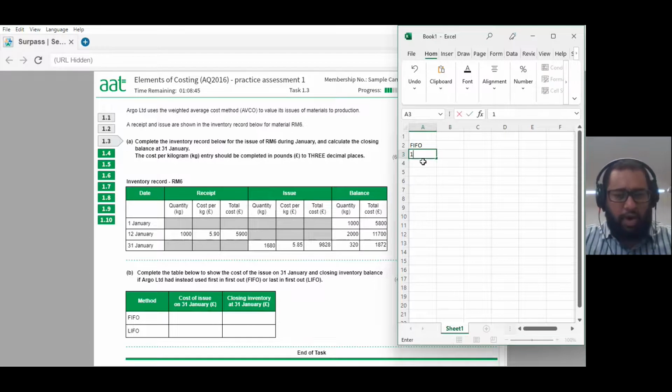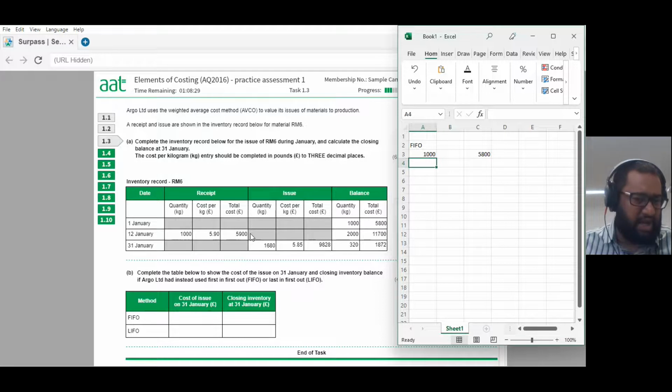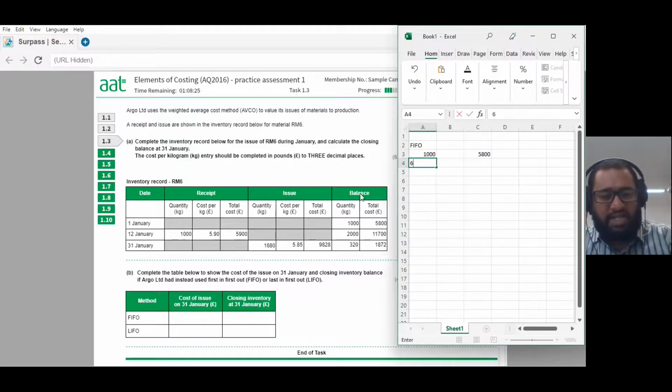So 1,000 kilograms being used, and the total value of that 1,000 kilograms is going to be 5,800. But now, do you need any more? Yes, you need 680 more. The only place I can take from is this second receipt, which can fulfill 680 kilograms, and they will be costed at £5.90.